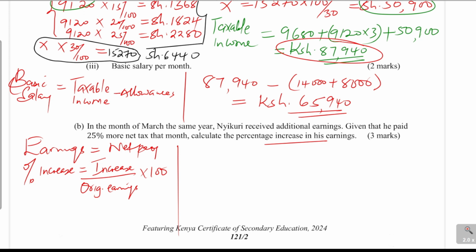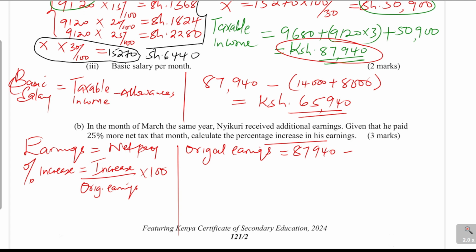So what are the original earnings? How do you get the original earnings? The original earnings will be given by the gross pay, which is also the taxable income, which was 87,940.